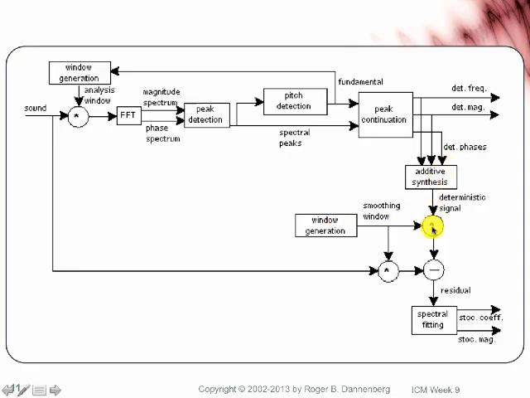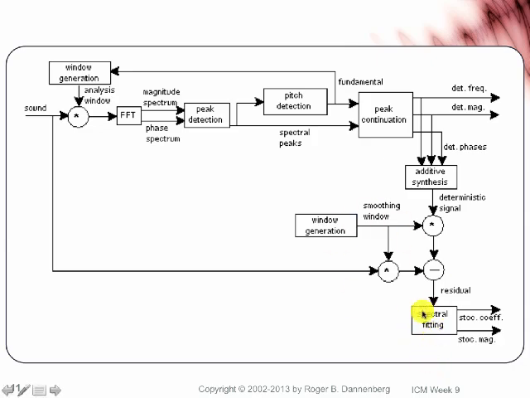Then we look at the difference between this reconstructed signal and the original signal. That leaves a residual, which normally will be noise-like, because if it were sinusoidal, it would show up as a peak in the spectrum. So what's left is everything else, non-peaks, which are kind of noisy.